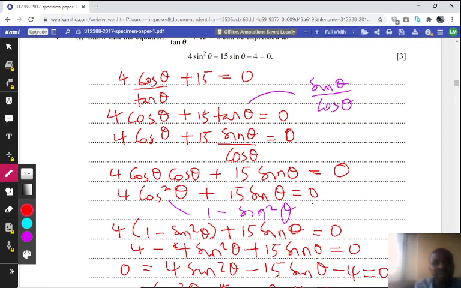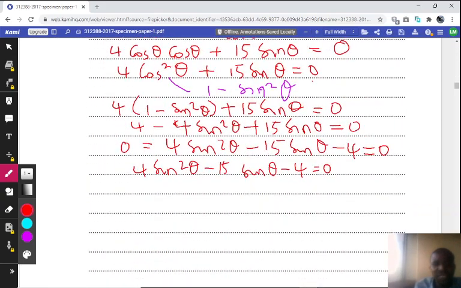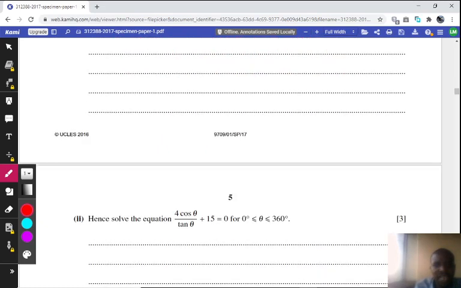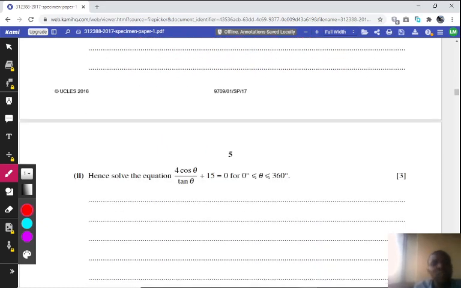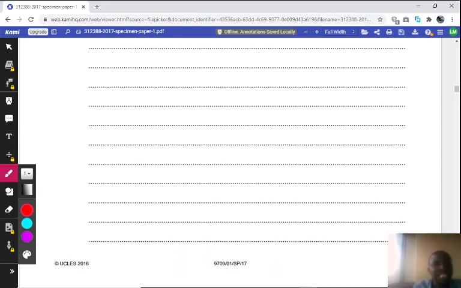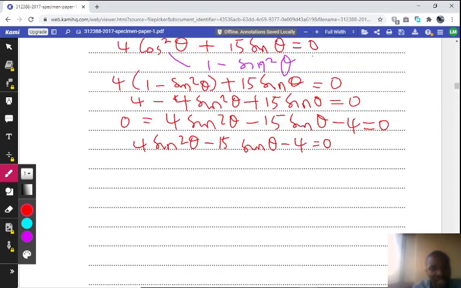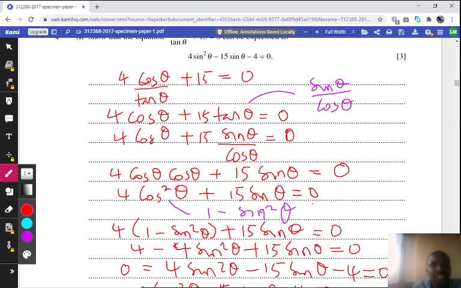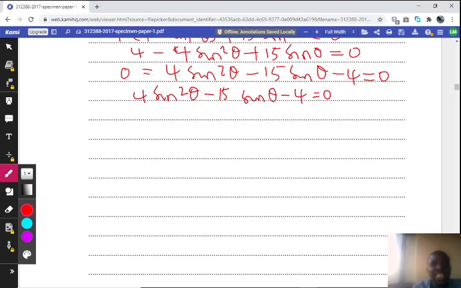Then the next question says hence solve the equation for values of theta between 0 and 360. What you do, guys, is you just take the equation that we obtained above: 4 sin squared theta minus 15 sin theta minus 4 is equal to 0.